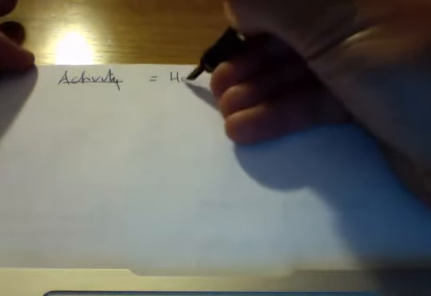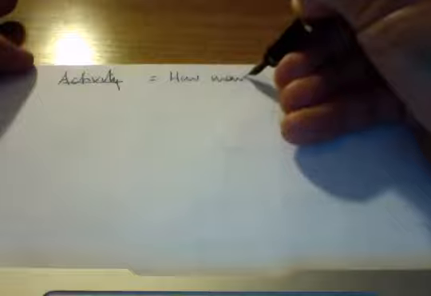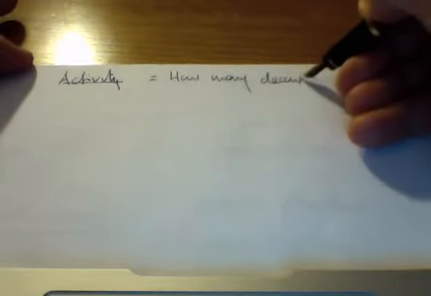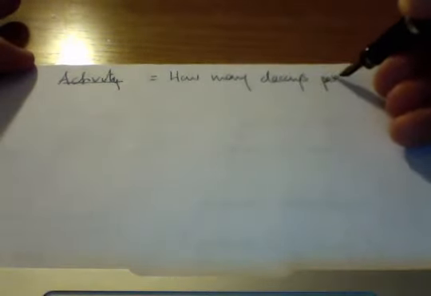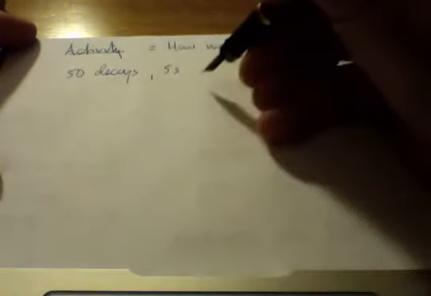Okay, so the activity equals how many decays per second are happening. So let's just imagine I had 50 decays in a time of 5 seconds.